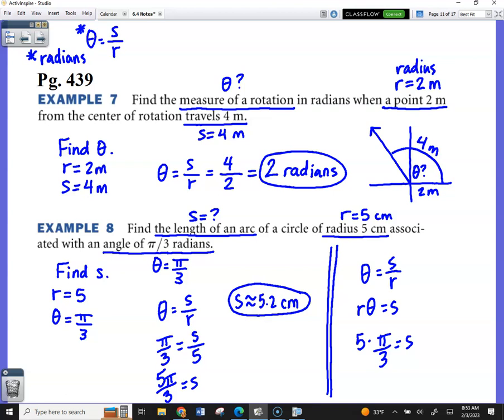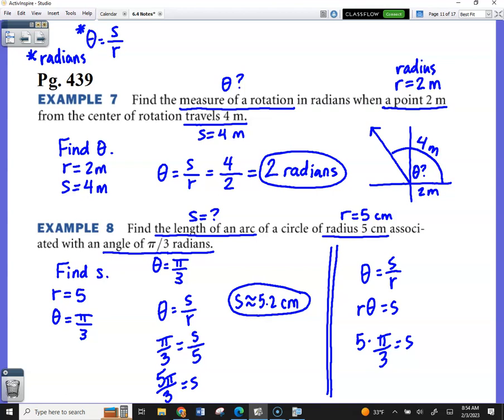All right, that's 2 problems down. 4 more to go. So let's go to the next one. Go ahead and start it. Let's see if you can identify what variable they give you and which one you're trying to find. Actually, this one is just like example 7, so you try it.